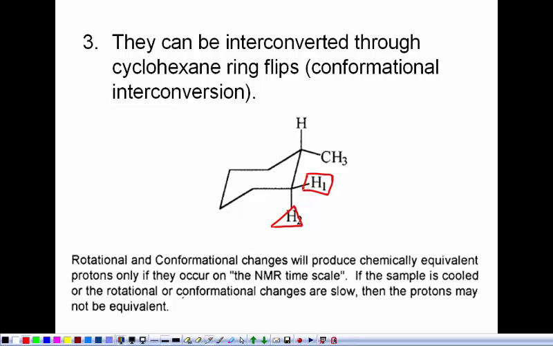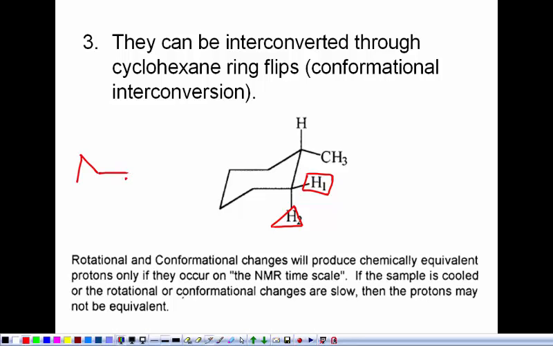And they might be slightly differently shielded and deshielded. But you also know that a cyclohexane chair can undergo a ring flip. Right? You can take the chair and turn it into the boat, and then you can flip the chair around.